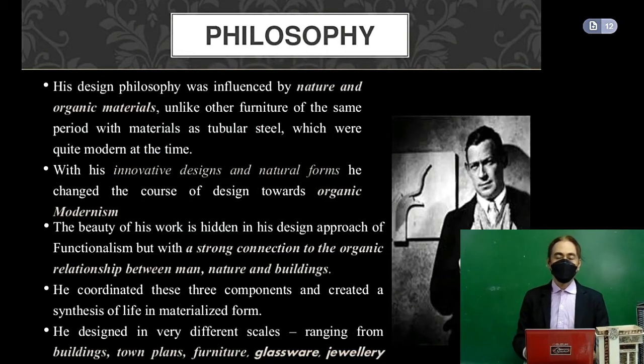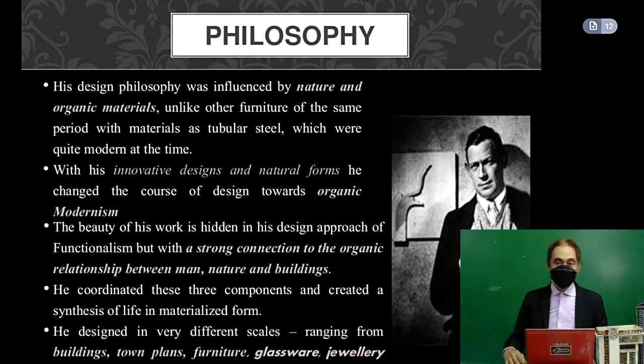His design philosophy was influenced by nature and organic materials, unlike other furniture of the same period with materials such as tubular steel, which were quite modern at the time. With his innovative design and natural forms, he changed the course of design towards organic modernism.